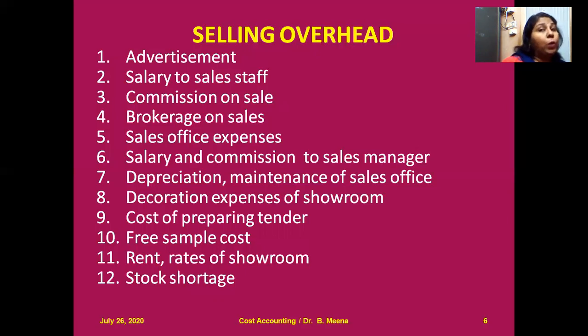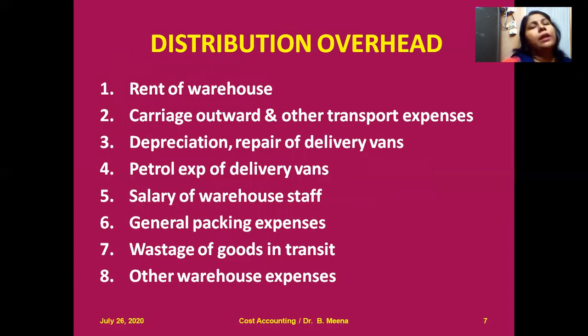Some factories may have an outlet inside the factory, so they may incur some expenses. So those expenses I mentioned here: decoration expense of showroom, cost of preparing tender, free sample cost, rent and rates of showroom, stock shortage. So these are the best examples to understand what overheads will come under the selling department.